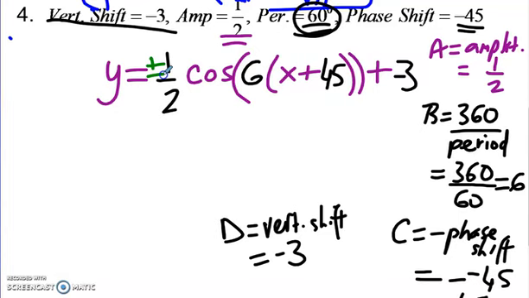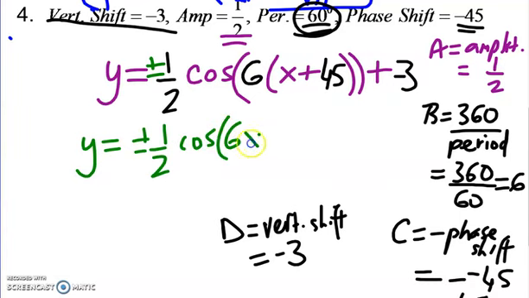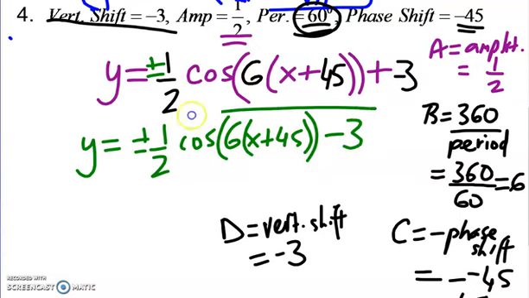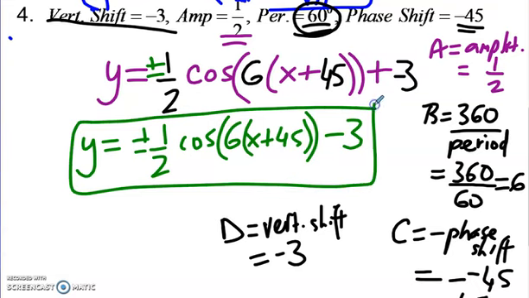So with negatives, we don't know. There's just not enough information given in this problem, so we're going to put plus or minus. So let's write the final form then. So y is equal to plus or minus 1/2 cosine 6 x plus 45 in parentheses minus 3. Okay, so that's it. In the next video, we'll look at different kinds of situations and also graphs.